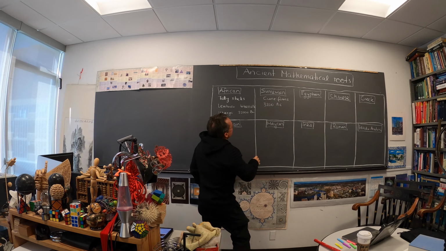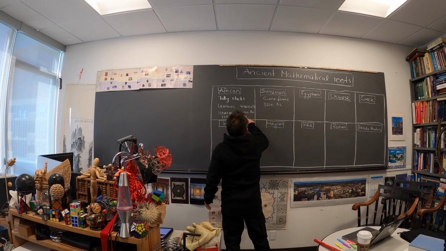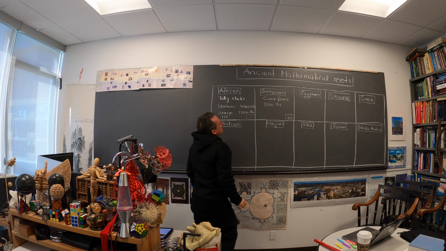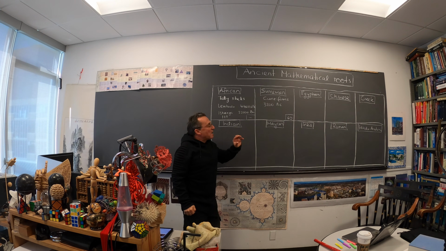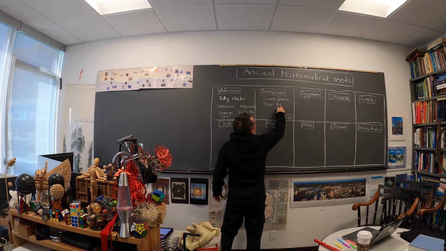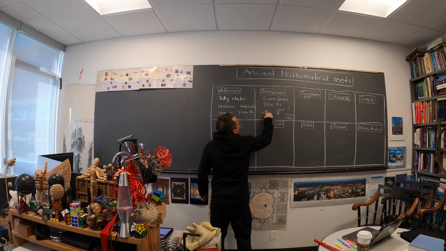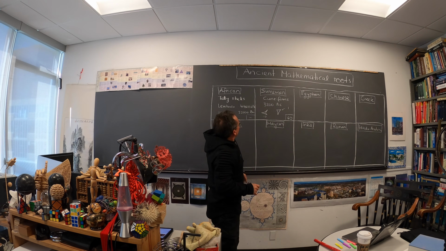But this is a sexagesimal system, so there is no kind of place value yet. Here we have a base 60, and there are essentially two marks here which are important. One of them is this mark here, which is 1. And then there is this mark here, which is 10. There was no 0 yet.